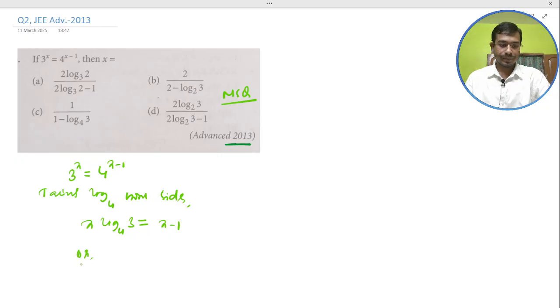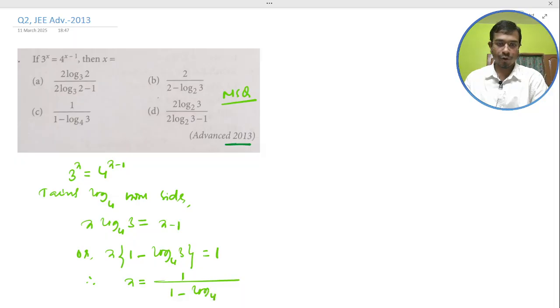Now x should be common here: x times 1 minus log 3 base 4 equals 1, since log 3 to the base 4 is the reciprocal of log 4 to the base 3. Therefore, x equals 1 by 1 minus log 4 to the base 3.